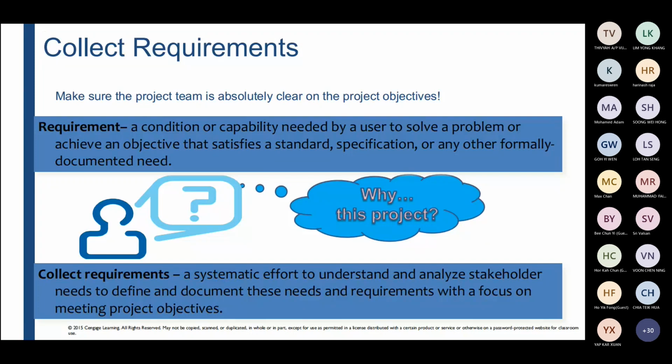Make sure the project team is absolutely clear on the project objective. That is also one of your requirements in your project proposal, where you need to come out with a clear project objective. We will discuss project objective again along the way.